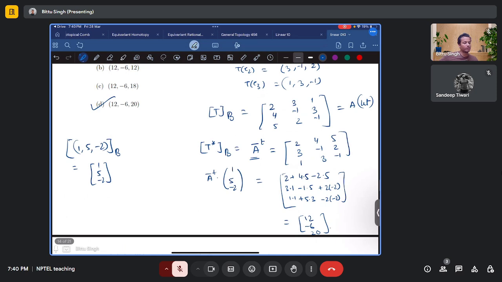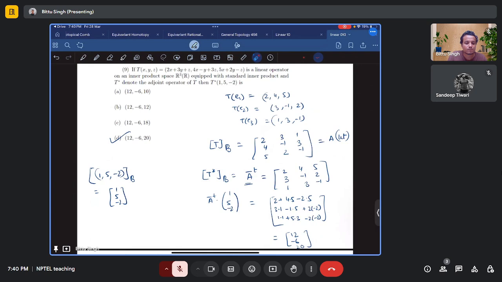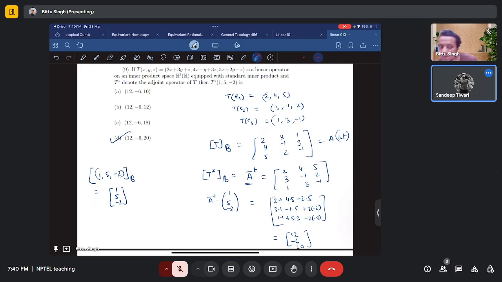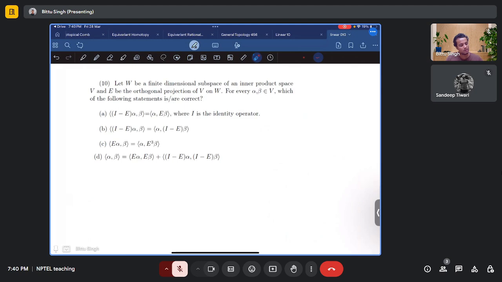That is the coordinate of that answer with respect to the standard basis; it will give you the same thing, just transposed. Is it clear? Okay, let us see the next question.